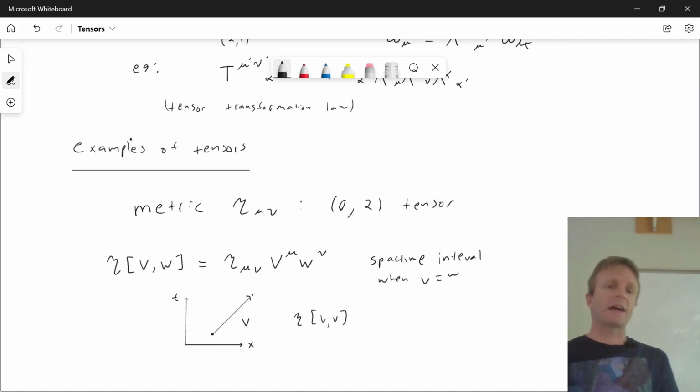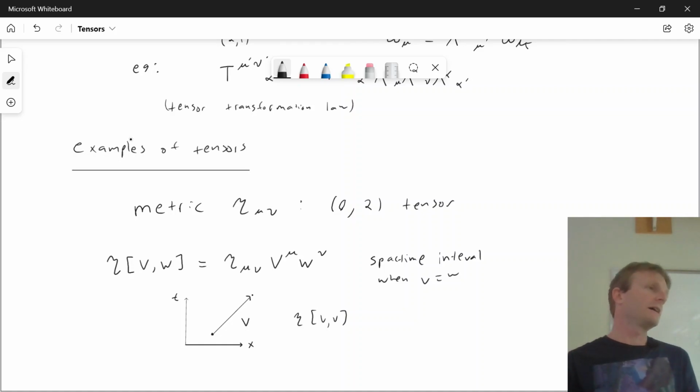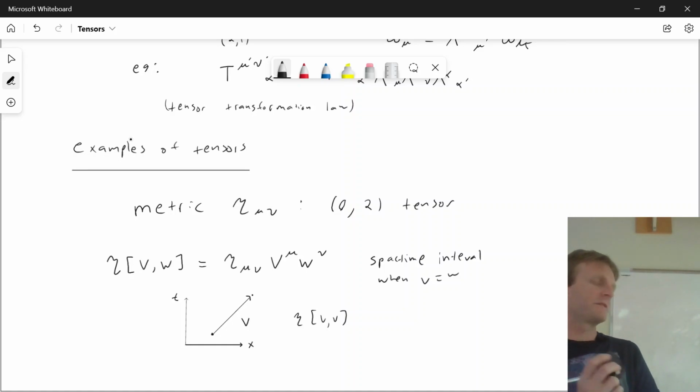And more generally, eta acting on v and w provides a kind of inner product between v and w. And we'll think more about the interpretation of that later.